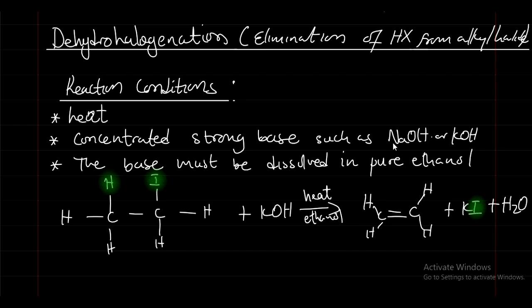It must be a strong base. As you can see, these are strong bases. So we must dissolve it in pure ethanol. Instead of water, we dissolve it in what? In pure ethanol. So this makes it very concentrated.